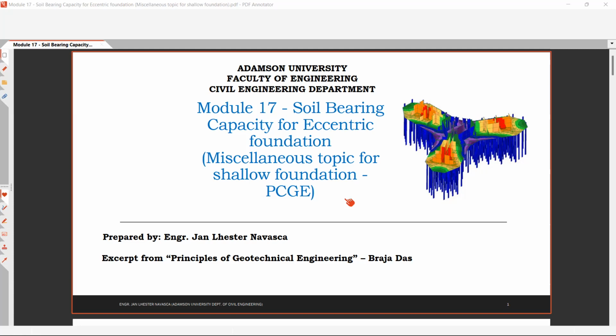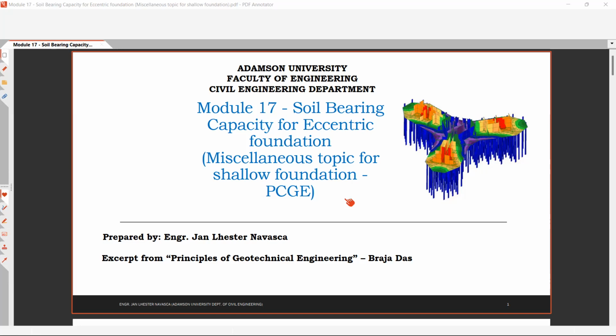Pagdating dun sa modified Terzaghi, nag-introduce sila ng panibagong factors, which is the inclination factor, the shape factor, and the depth factor, di ba? Yun yung equation.